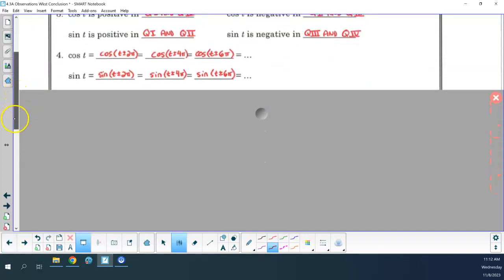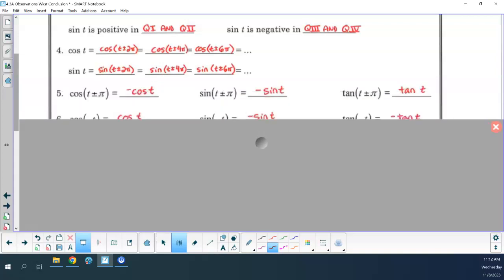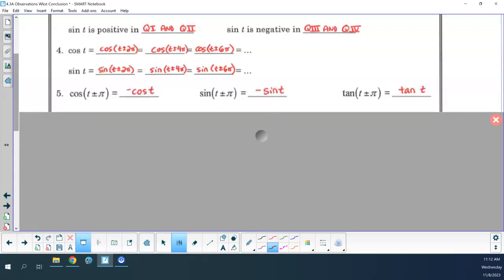Then, in number 5, we only went halfway around the circle. We added pi or subtracted pi. And you should have observed there that the cosine value is opposite, the sine value is opposite, but the tangent value is the same.